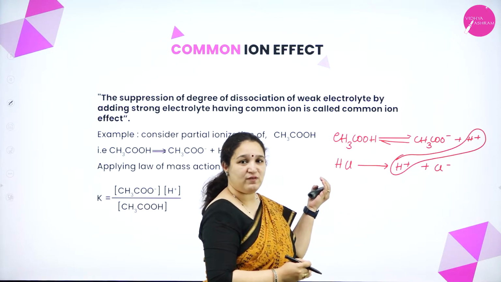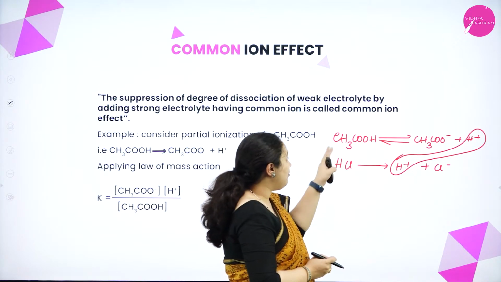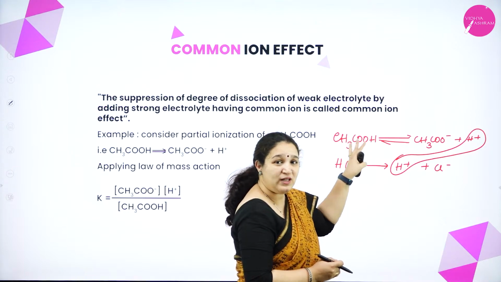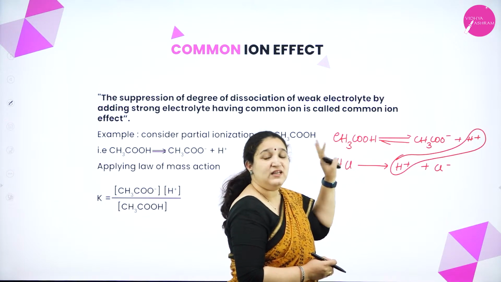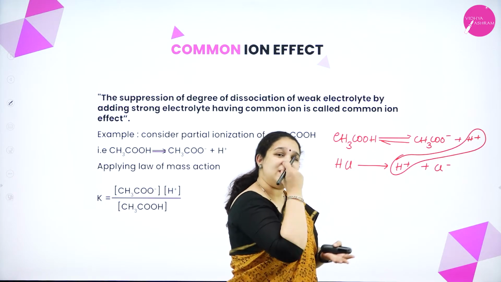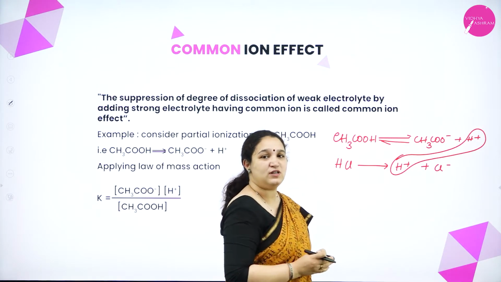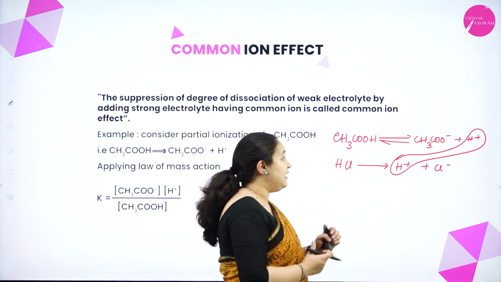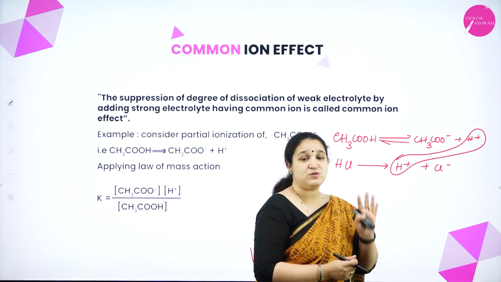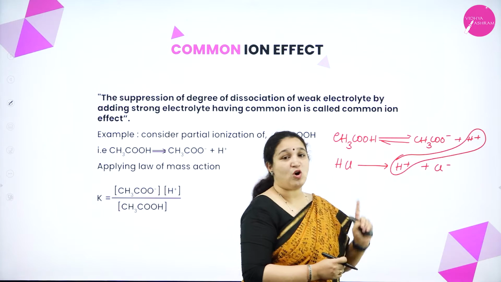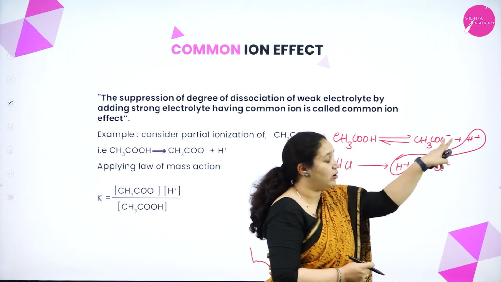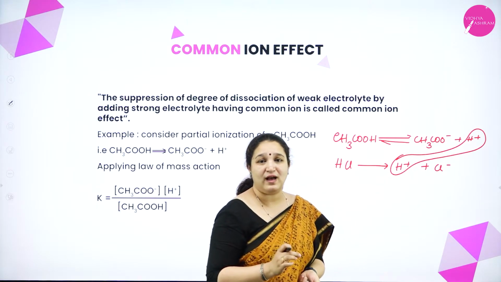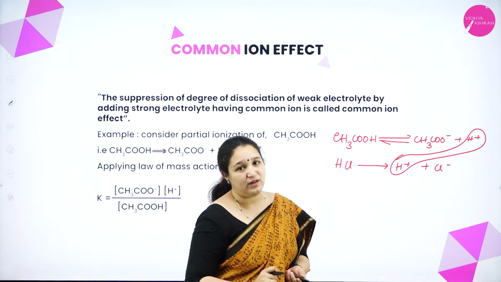Backward reaction is favored and more amount of CH3COOH molecules will be formed and the dissociation of this will be suppressed. It will not undergo further dissociation. More amount of acetic acid molecules we have than acetate ions and H plus ions because I added a strong electrolyte with common ion here. This is called the common ion effect.